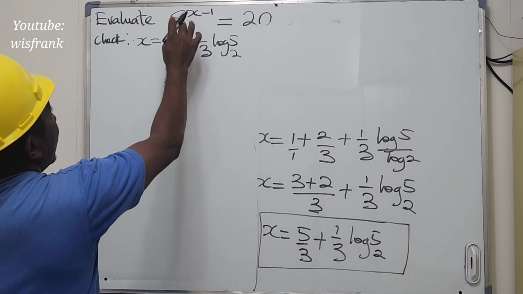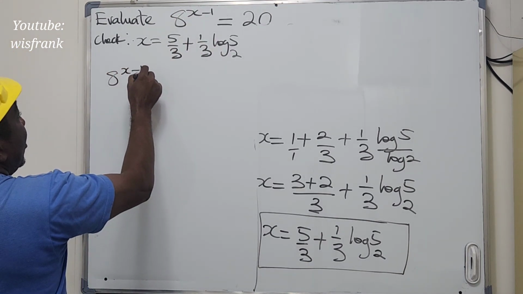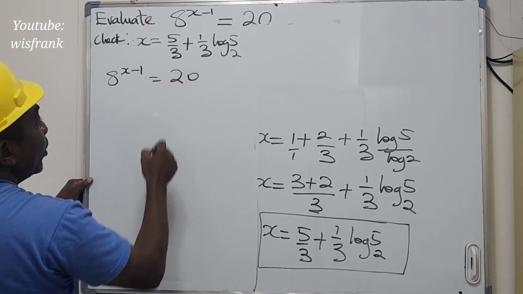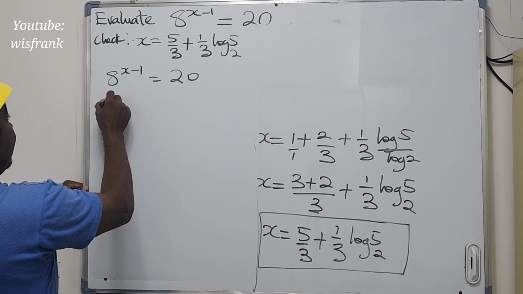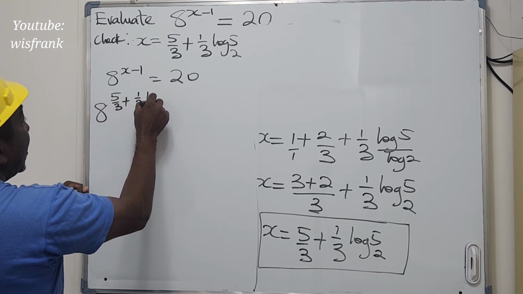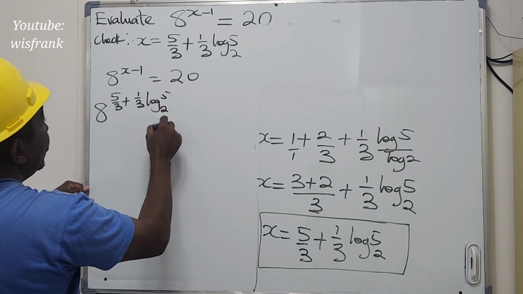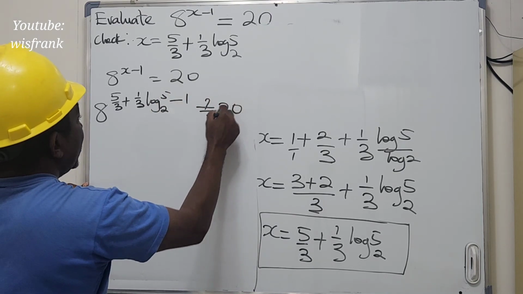We are going to substitute into 8 to the power of x minus 1 to see whether this will give us 20. So this will become 8 to the power of 5 over 3 plus 1 over 3 log 5 base 2, minus 1. Will this equal 20?